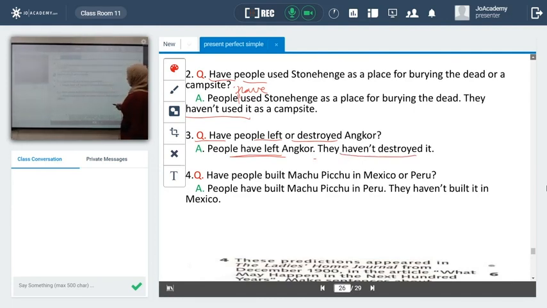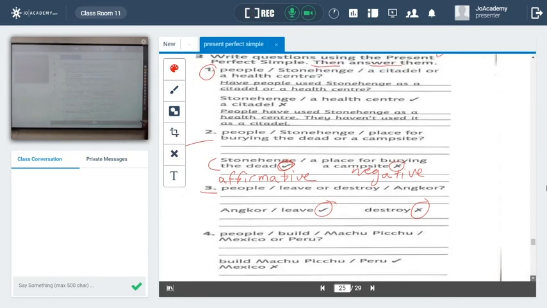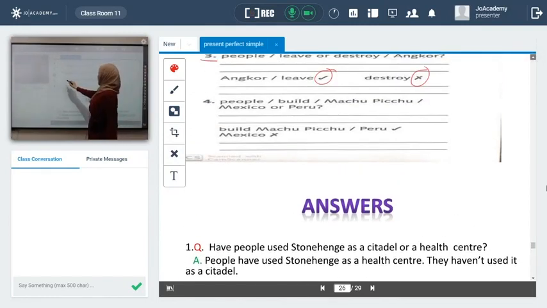Now the last one is people build Machu Picchu, Mexico or Peru. This is going to be the question. With Peru, we have a tick, but with Mexico, we have a cross.